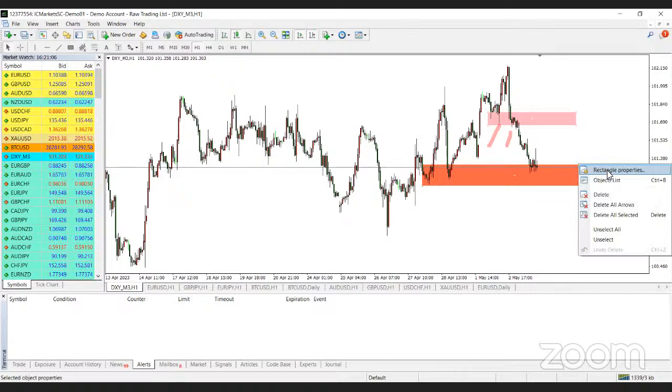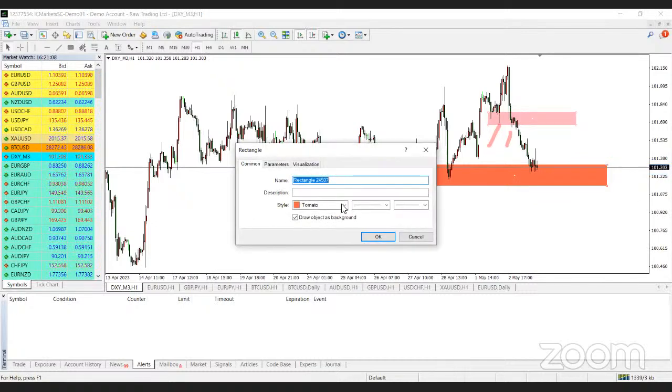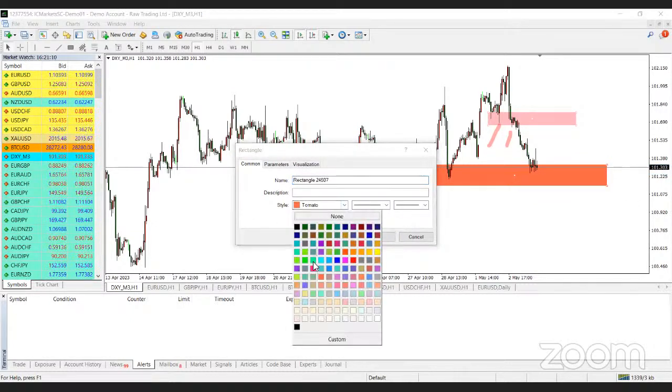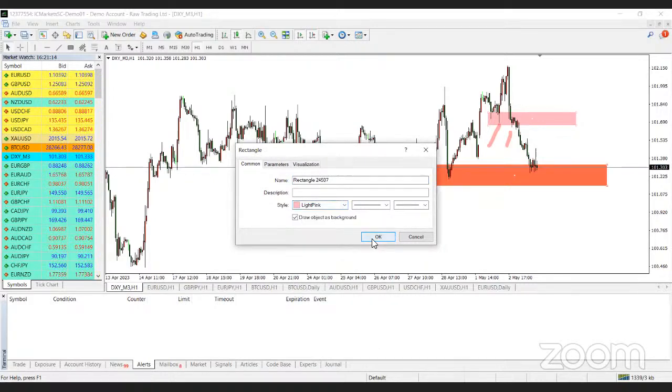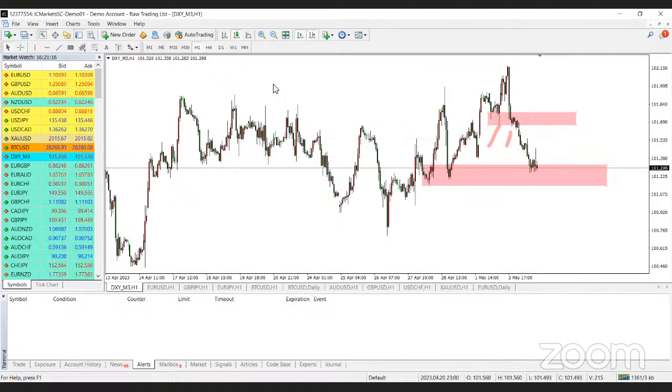Sorry, let me change the color of this. It's a bit too tomato for me, right? So let me just use something light pink. Okay, so as we're saying now, price has gotten to this area here of demand. Sitting here on demand, you need to be careful, because we don't even have any candle signifying a buying opportunity.